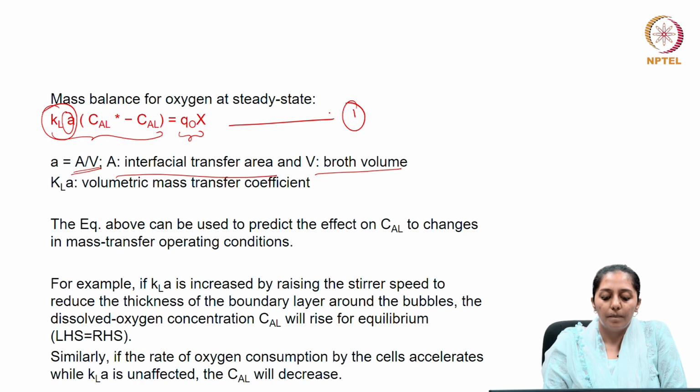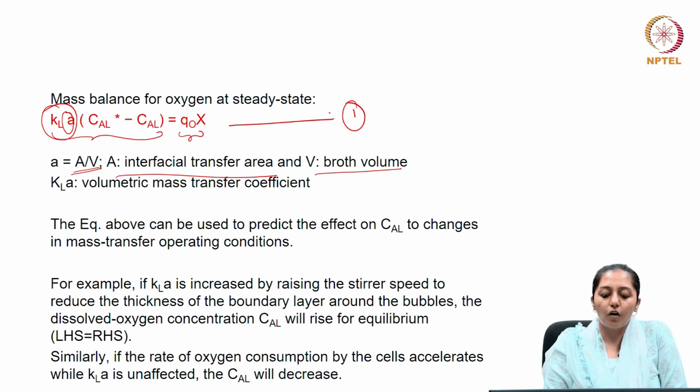For example, if KLa is increased by raising the stirrer speed to reduce the thickness of the boundary layer around the bubbles, which means the resistance can be reduced and therefore the mass transfer coefficient can be improved, if you remember the two film theory.